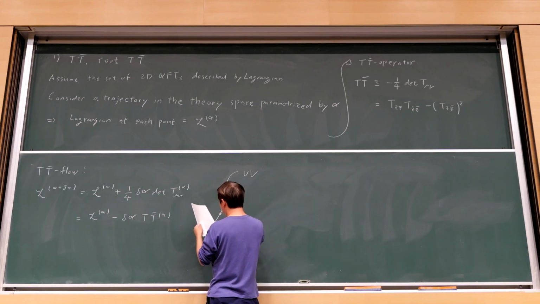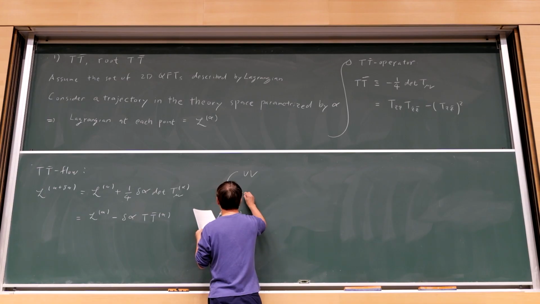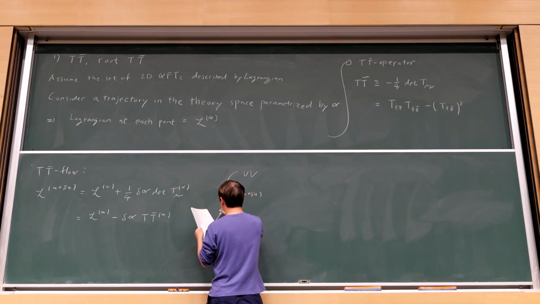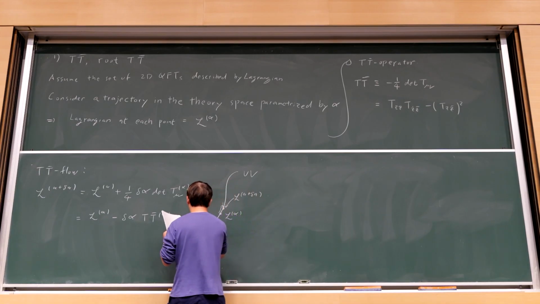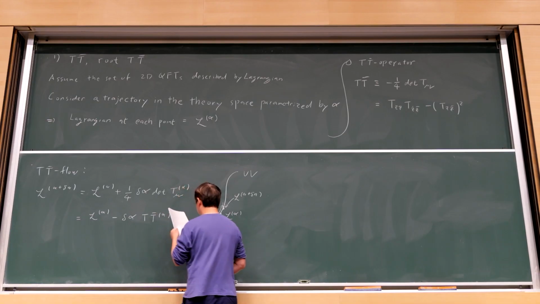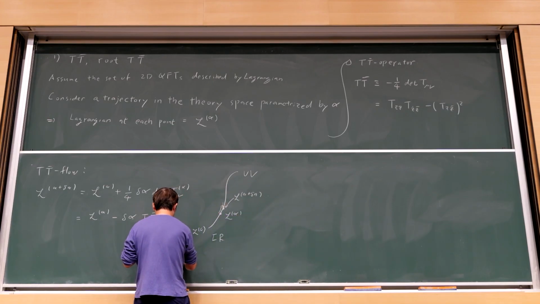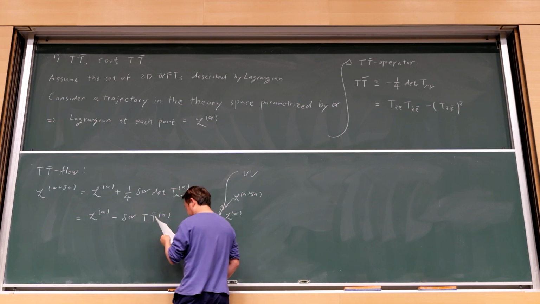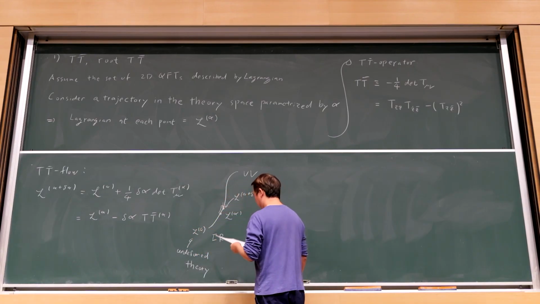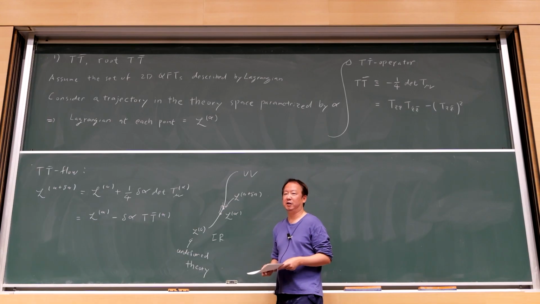So then, this L alpha is slightly shifted to L alpha plus del alpha, like this. So then, alpha equals 0 corresponds to this endpoint. So this L0 corresponds to the undeformed theory. Okay, so this is the interpretation of TT bar flow.